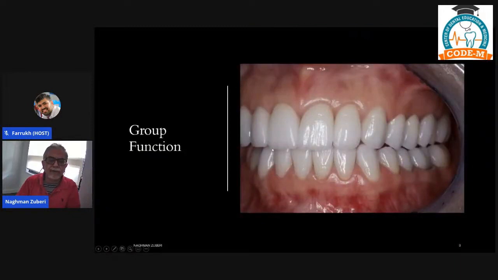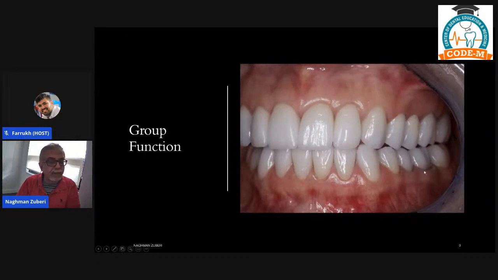Another form of occlusion, as I have mentioned, is the group function. But at times, this group function in natural dentition has some effects on the teeth. There would be chances of trauma, which may lead to non-carious cervical lesions, which we call abfractions. It's a term which was introduced in 1991.